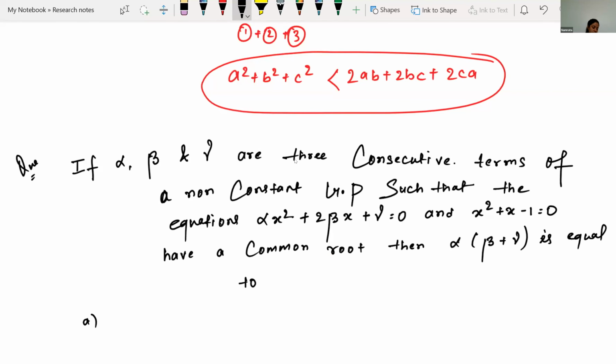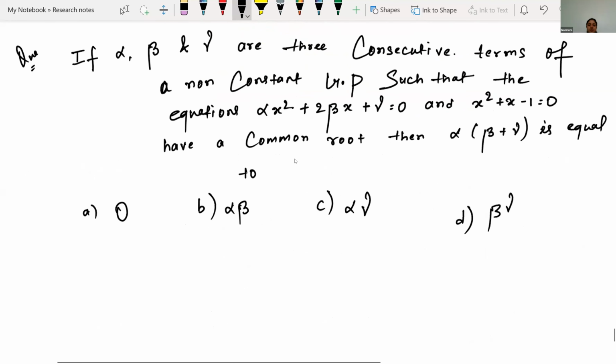First option is 0, next one is alpha beta, next one is alpha gamma, and after that beta gamma. Okay, this one is our question.